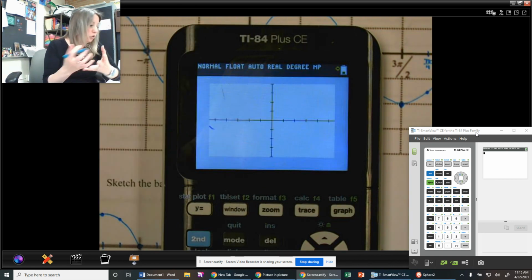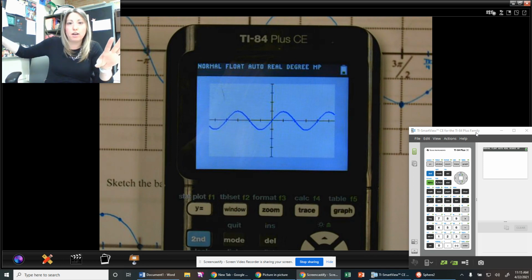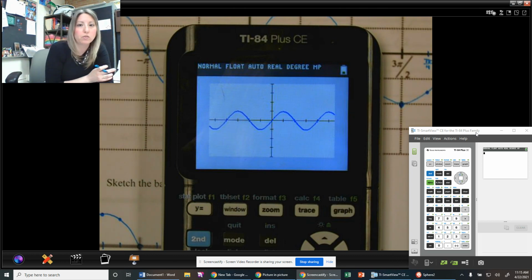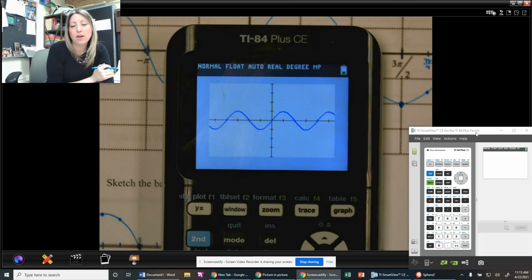Because what that will do is zoom in and use our radian measure as the points that we're touching as we go. So it's changed my axis to be in radians on my x scale and regular numbers on my y scale. So that's why we're going up to 1 and down to -1. And that's that infinite cycle that we're looking at.